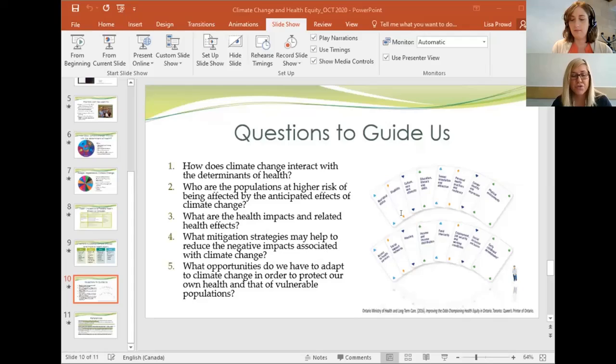What mitigation strategies may help us to reduce the negative impacts? And what opportunities do we have to adapt to climate change in order to protect our own health and that of vulnerable populations? For the past 15 minutes or so, I've explored some of these questions in very brief context, while others are there for future discussion.